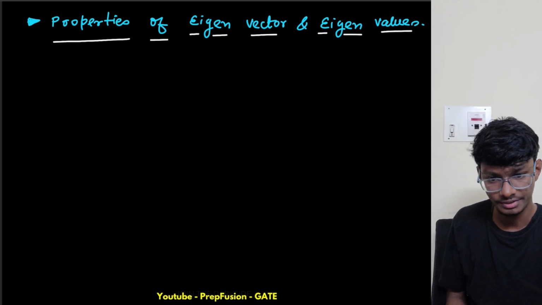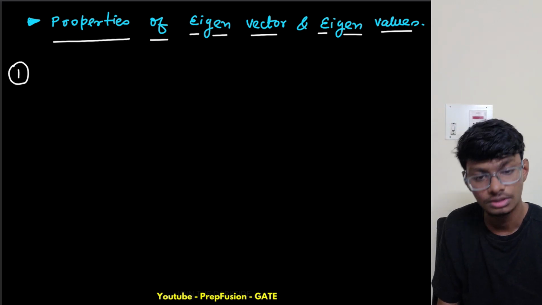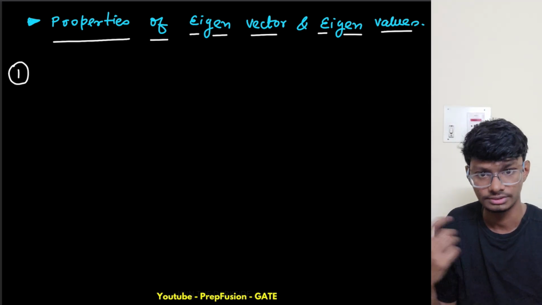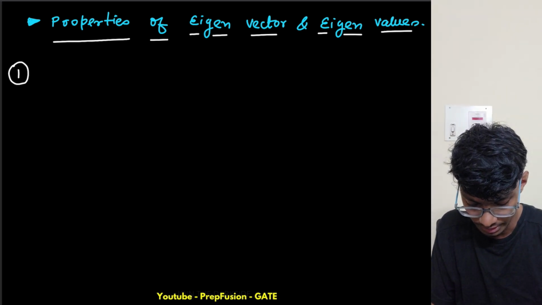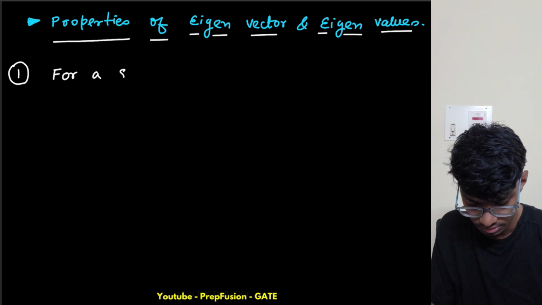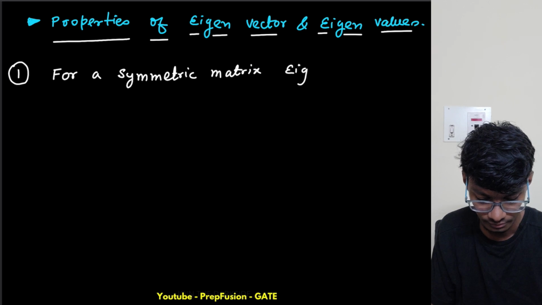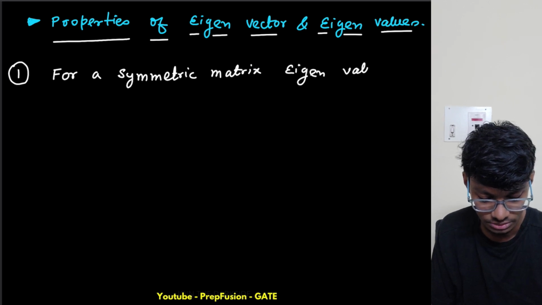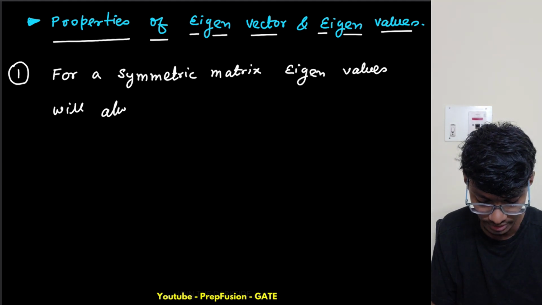So what will be the properties? The first property, which I already proved, is that for a symmetric matrix the eigenvalues will always be real no matter what.